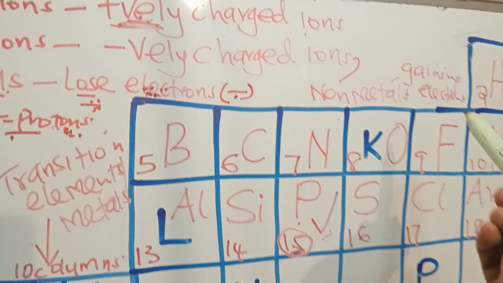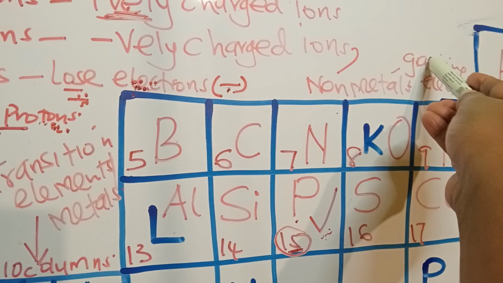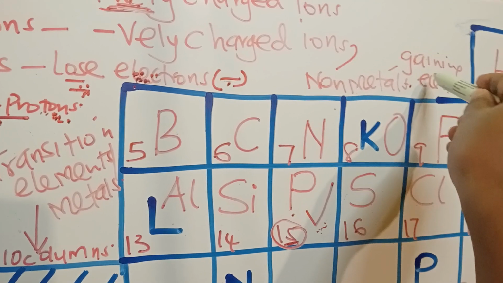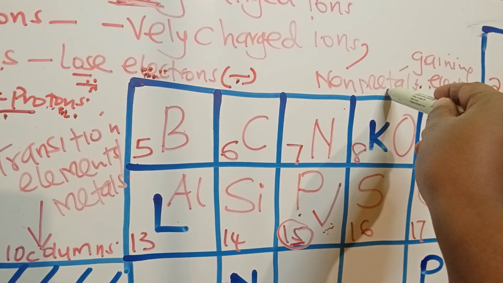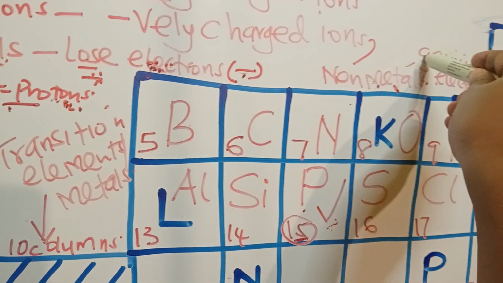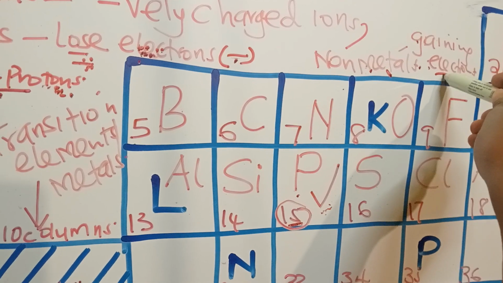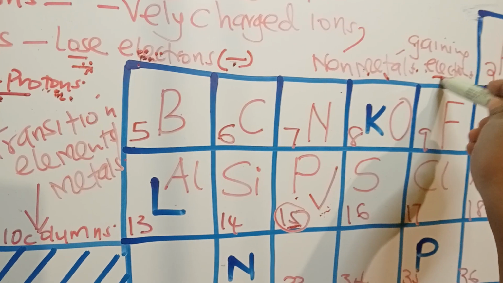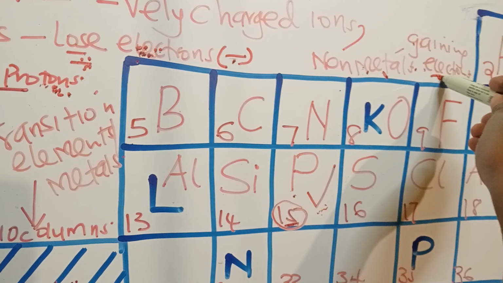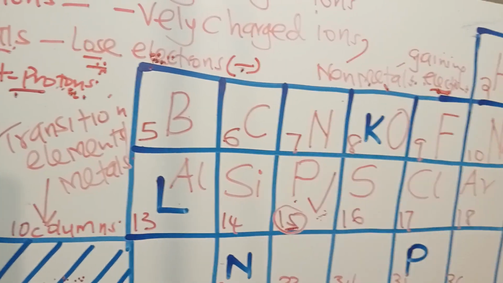When we go to the nonmetals, they react by gaining electrons. The same happens. The number of electrons and the number of protons are usually the same, even for nonmetals. But when nonmetals gain some negatives, the electrons, it means they will end up with extra electrons, extra negatives that will be more than the positives, more than the protons for nonmetals.